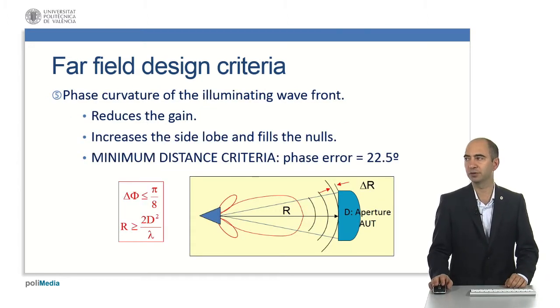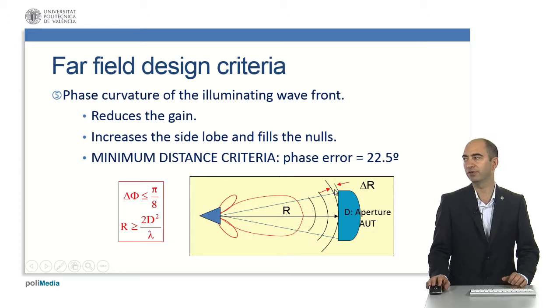And the most important specification is this one. It's the phase curvature of the illuminating wavefront. As you can see here, when the field impinges on the antenna under test, there is a difference of distance between this point and this point. This distance error creates one phase error.